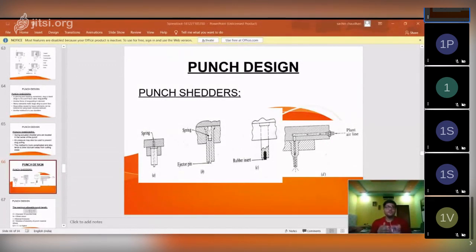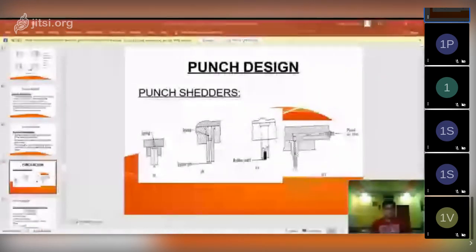Naturally, the material tends to separate from the punch surface because of the spring back. But whenever small punches, small strips, or a small blank is used, the spring back produced is small. Then the slug is likely to be drawn along with the punch. That's why these ejection pins or shedders are used.